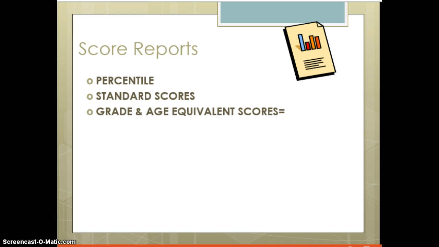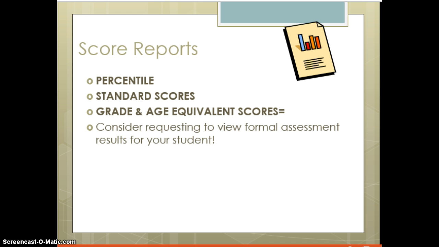But those are based on average scores for students in each of a series of other grades or years, and can be expressed in years and or months. So, 7 years, 4 months. Second grade, 6 months into the year. You may want to consider requesting to view the formal assessment results for the student you're going to use.